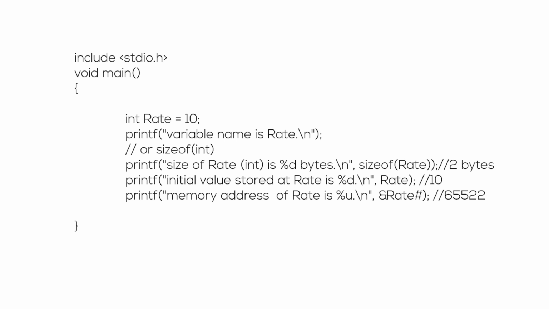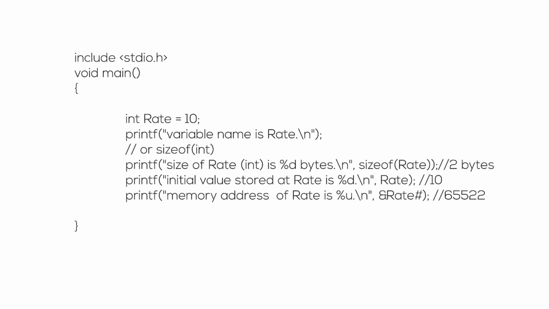Now we are trying to print the value of the variable named rate. We can see there is a main function. Under this we have one integer variable, rate equals 10. We have taken rate as a variable name, its type is integer, and we have taken the value 10. The first printf line simply prints a message here. The second line, sizeof, we have used for the int, is %d bytes.